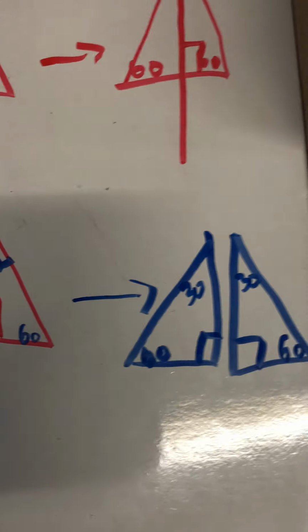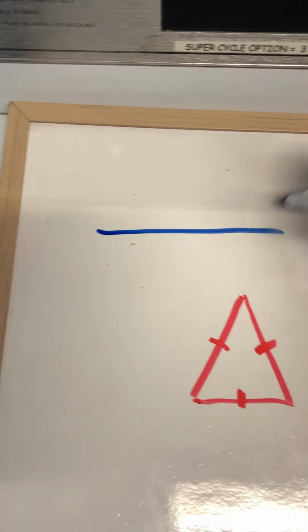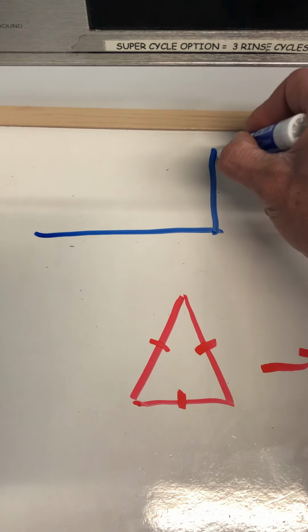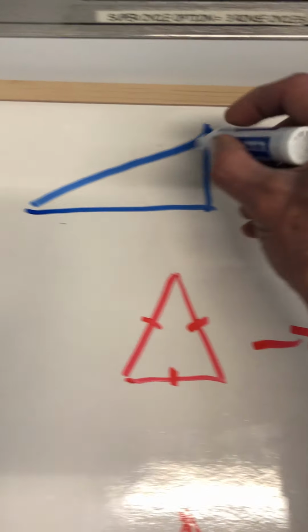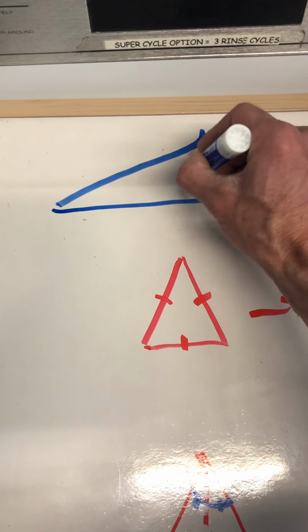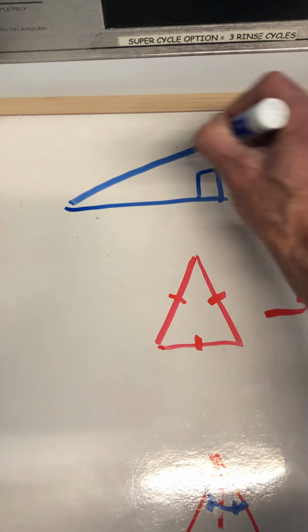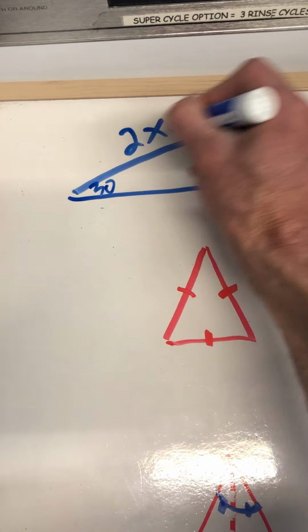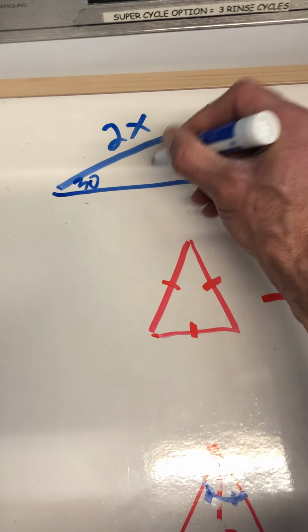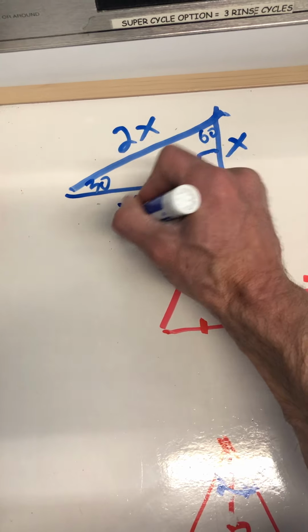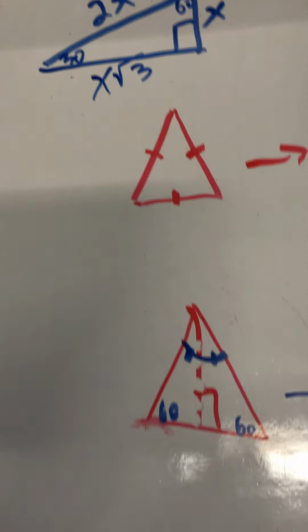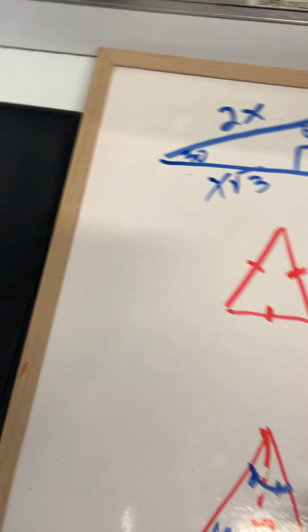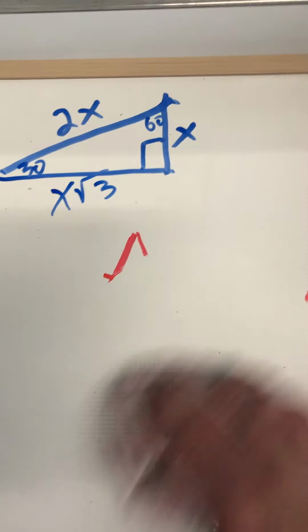The reason that's important is because, remember, in the way a 30, 60, 90-degree triangle is set up, we've gone over this extensively now. In this type of triangle, the shorter leg is half the size of the hypotenuse, and the longer leg, the medium side across from the 60, is the short side times root 3. Now with that, we can answer any questions that have to do with equilateral triangles.